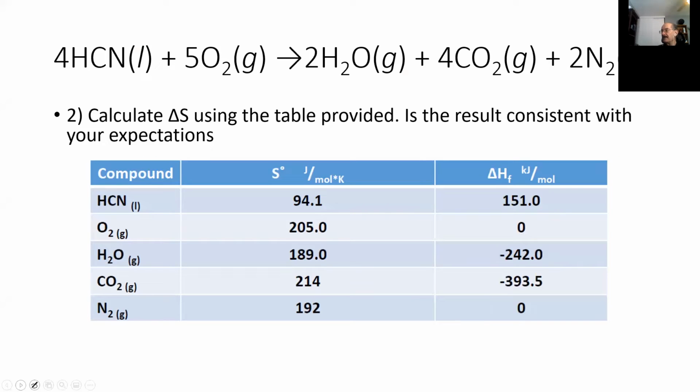Now we have the same equation, same reaction. And this is typical of these kind of questions. They give you a table of values. So this is to calculate delta S using the table provided. And now you get to ask, is the result consistent with your expectations?